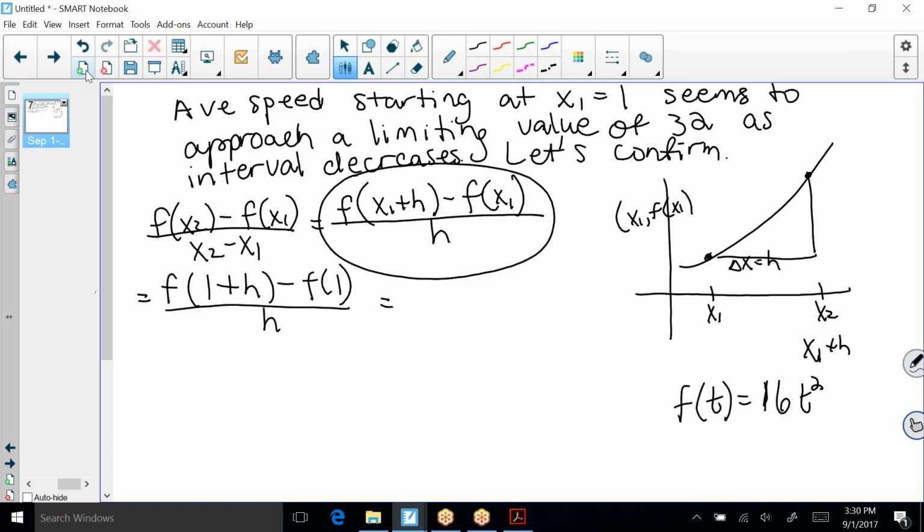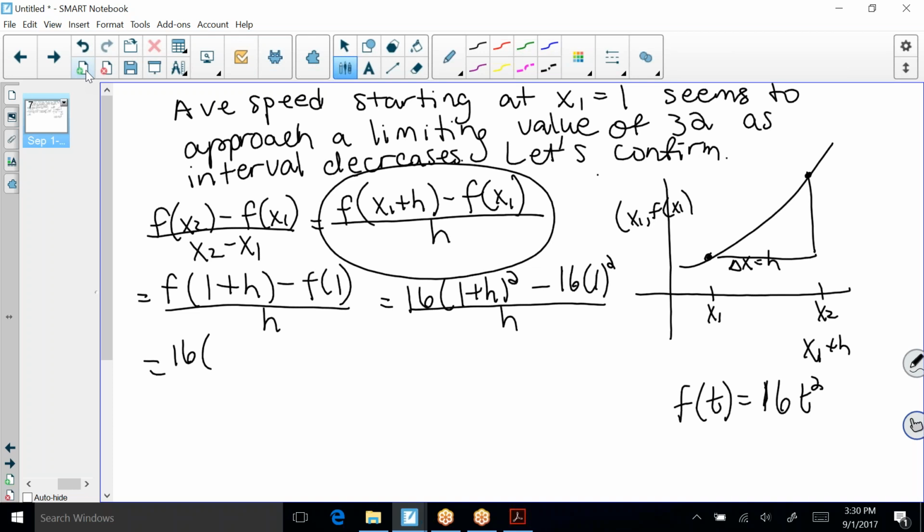So now we're going to take 1 plus h and plug it into that function, and we get 16 times 1 plus h, and we have to square that, minus f of 1, and when we plug 1 into the function, we get 16 times 1 squared, divided by h.